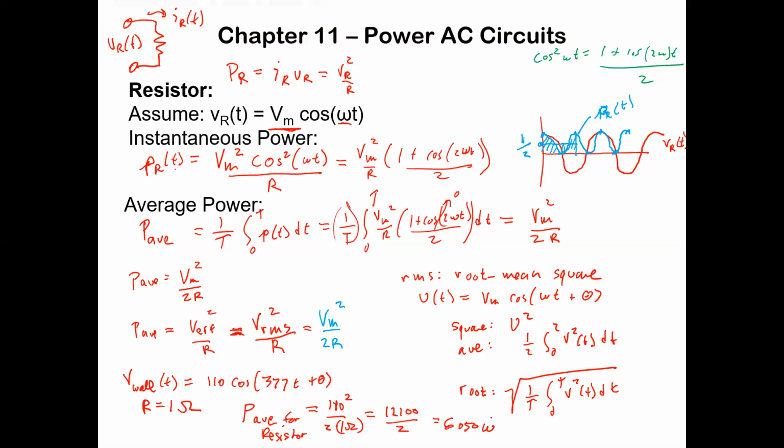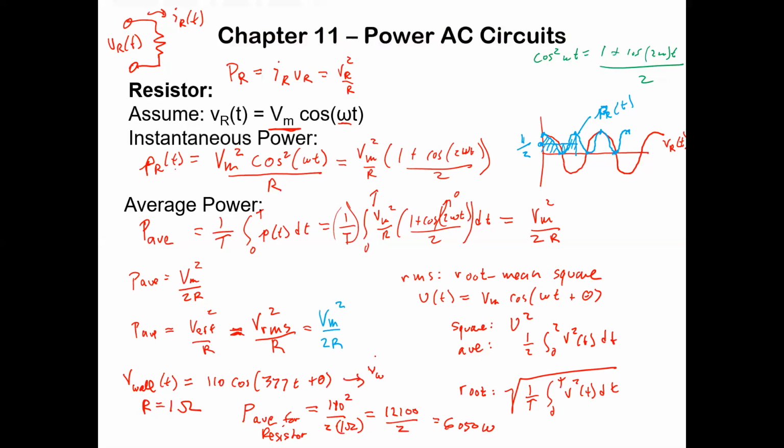Now, if you might be wondering, that's if I plug in the sinusoidal signal there. It's 6050 watts. Well, what's V_RMS? What is the RMS voltage of a sine wave? A sine wave of this voltage means that V_RMS is going to be 110 over square root of 2. I don't think I can do this one in my head.